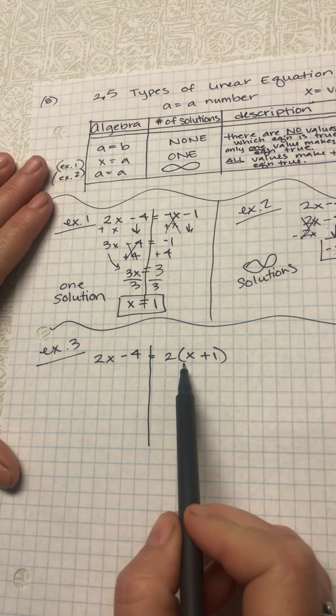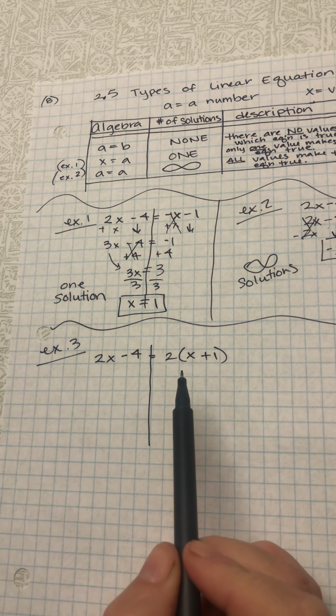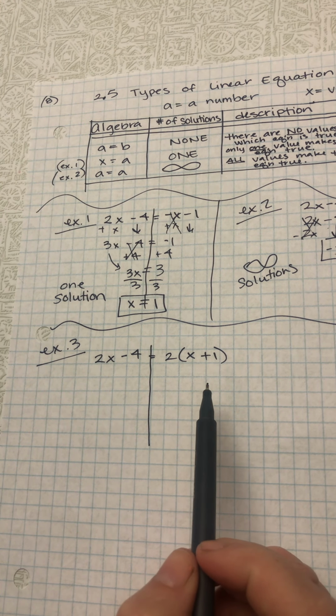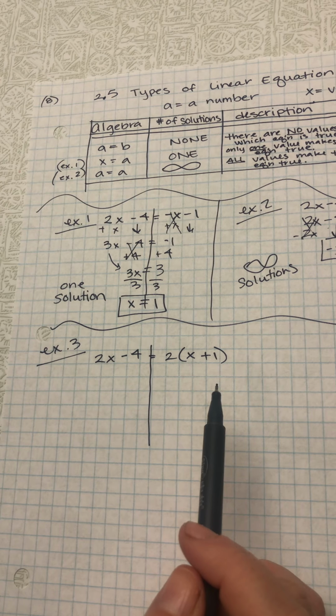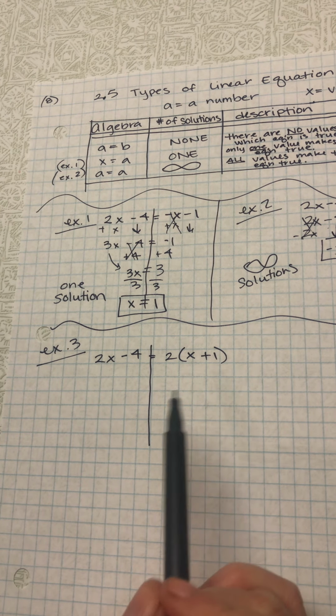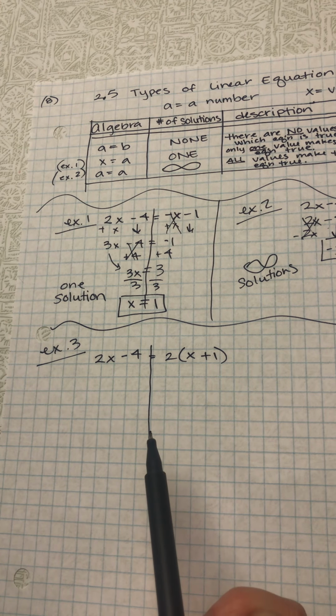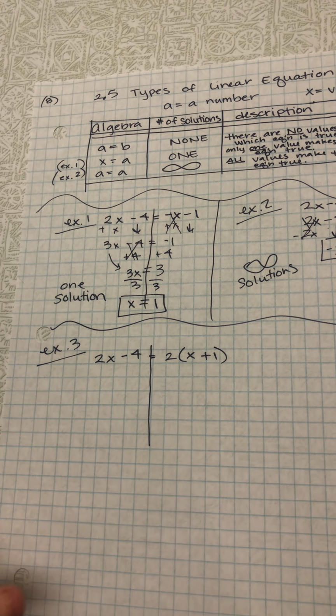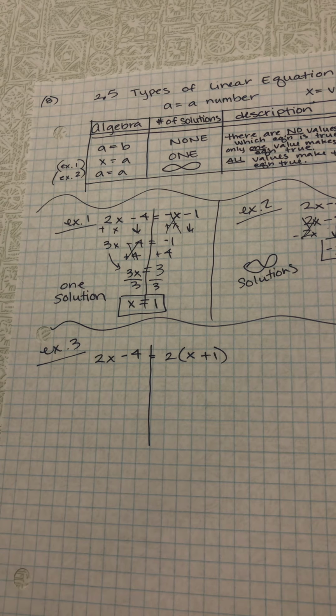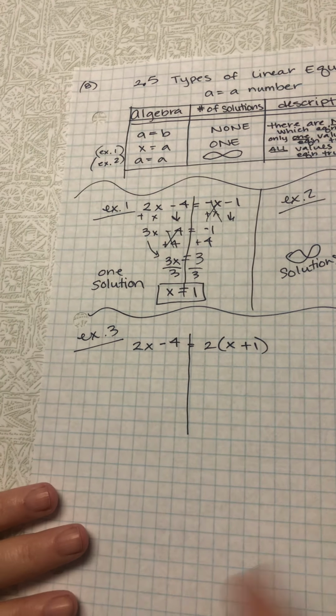In this one, we have 2 parentheses x plus 1. There's only one small change. So if you make a silly, careless mistake, like with your signs, you may end up with the wrong answer at the end, okay? Which means then you'll be telling me the wrong solution. So please go slow and try to catch all your mistakes, okay?